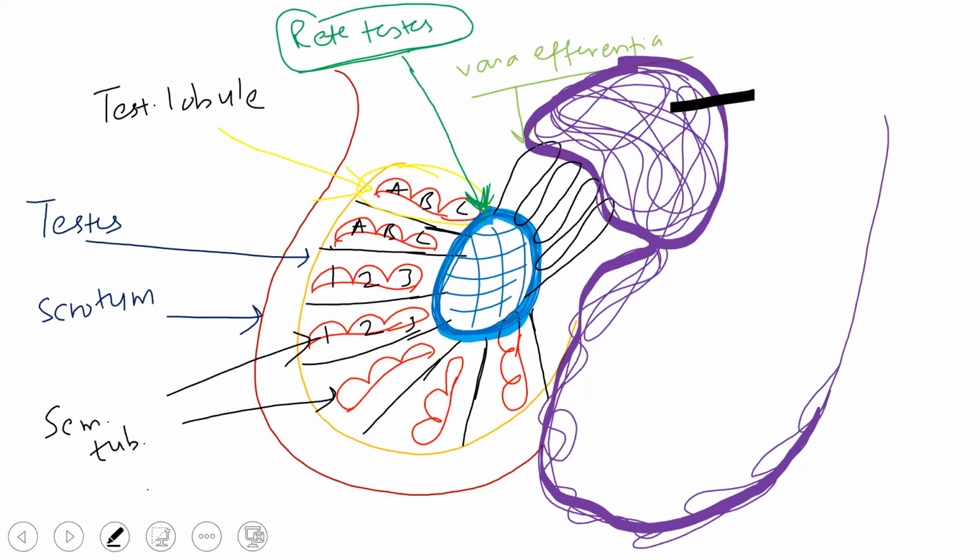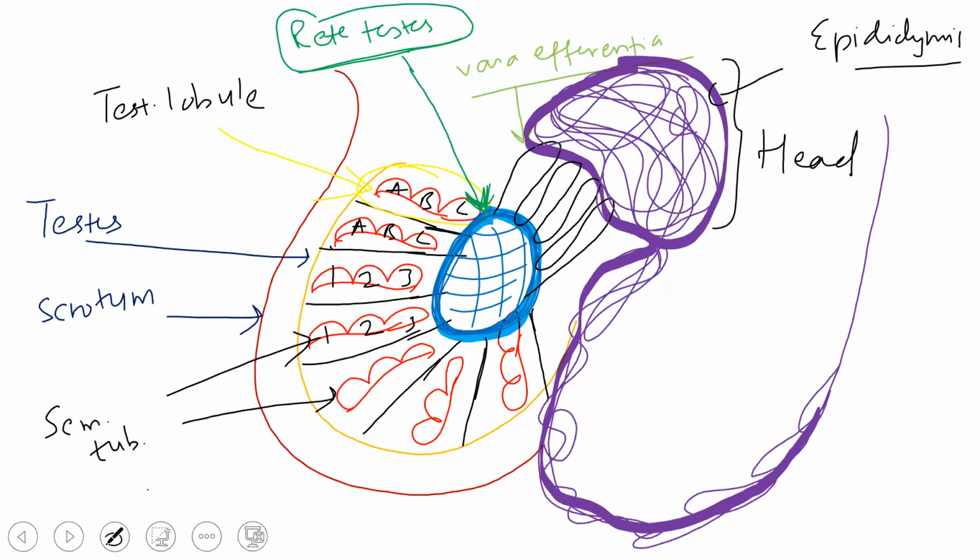Okay, this is the head part. Then this is the middle part of the epididymis, and then this is the tail part of the epididymis.